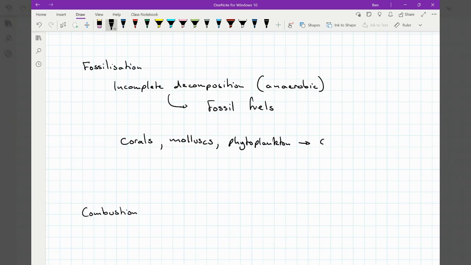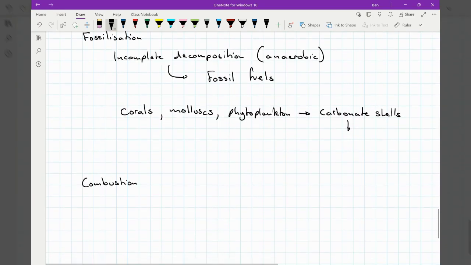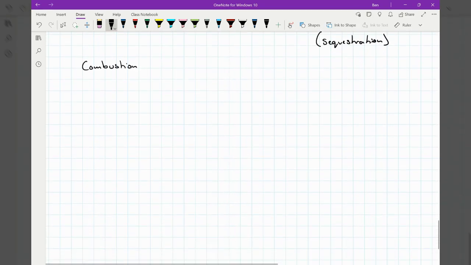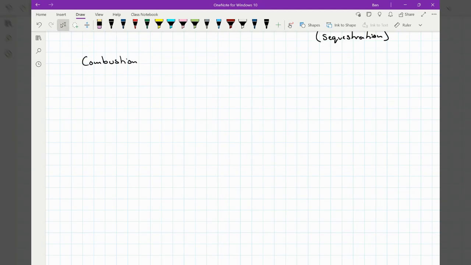These all contain carbonates in their shells, which then can be sort of deposited and form things like limestone. And this is sort of a process of sequestration, long-term storage.